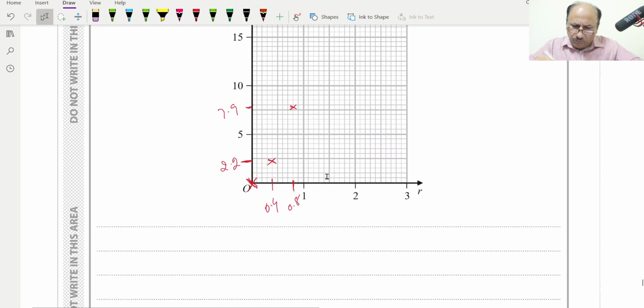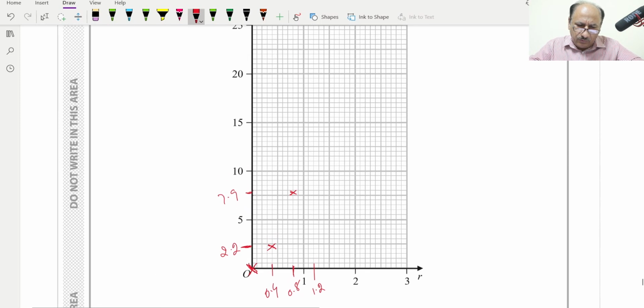The 1.2 reference is this one, and 15.4 will be around here, so we can take the point over here.